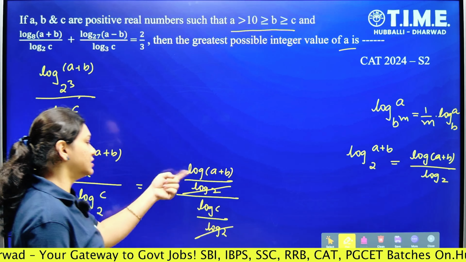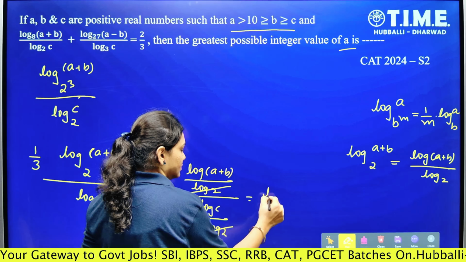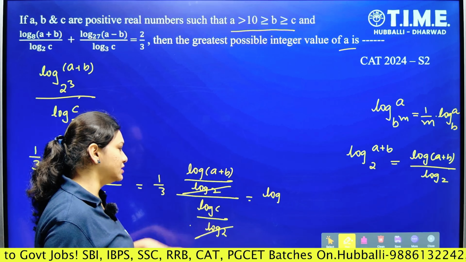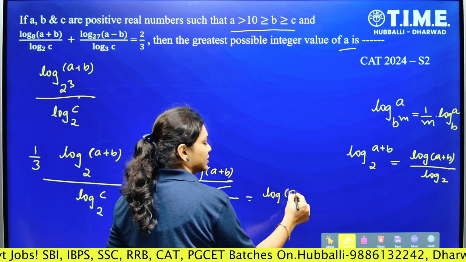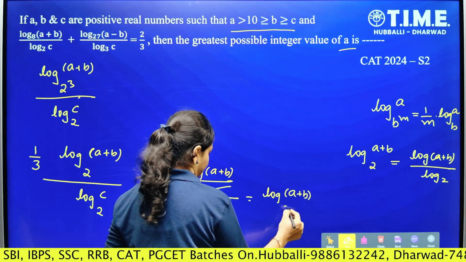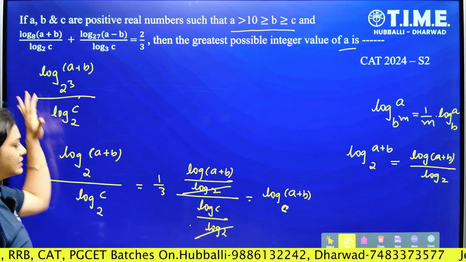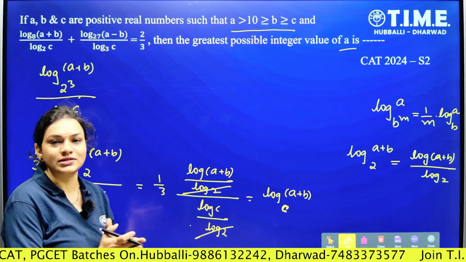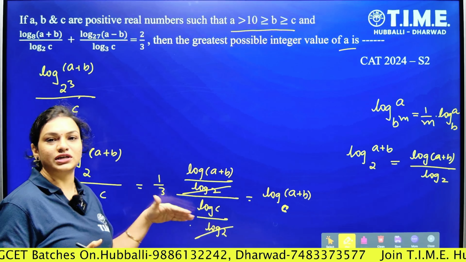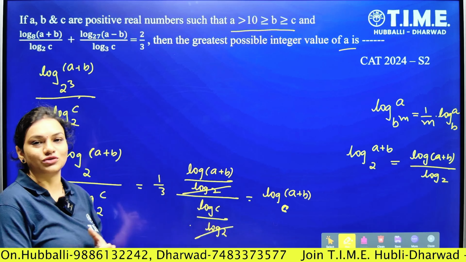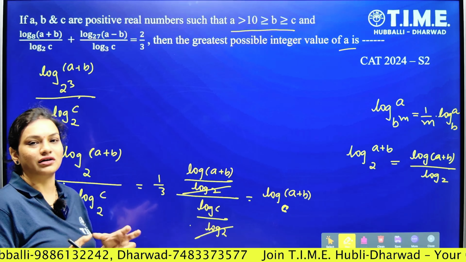What we are left with is log of A plus B with base C. I hope it is clear. If you are thorough with the rules, you can avoid these steps and directly write this one step. Otherwise it looks like a very lengthy question.